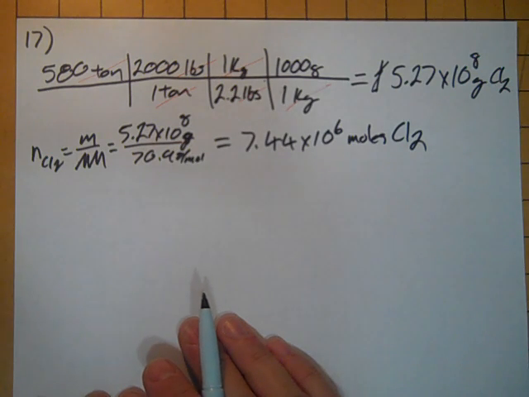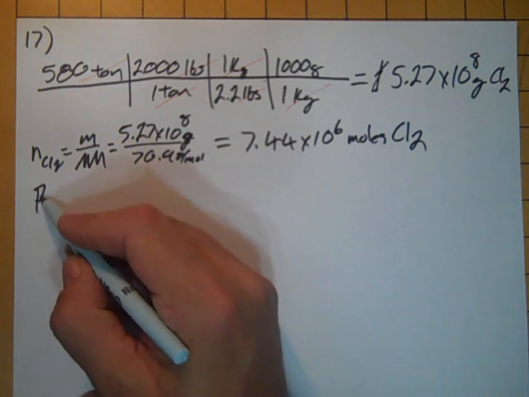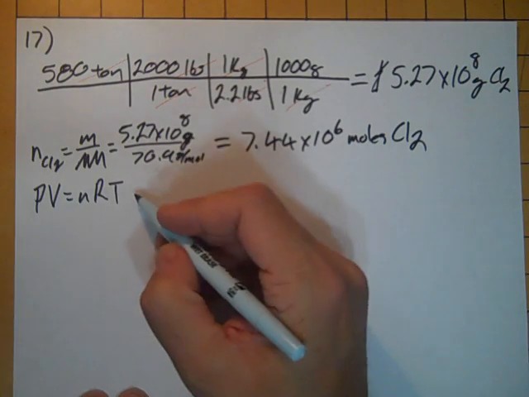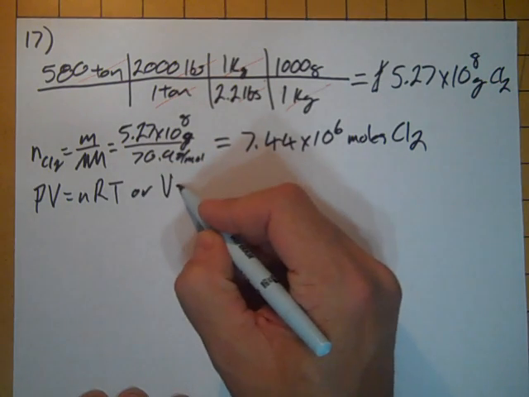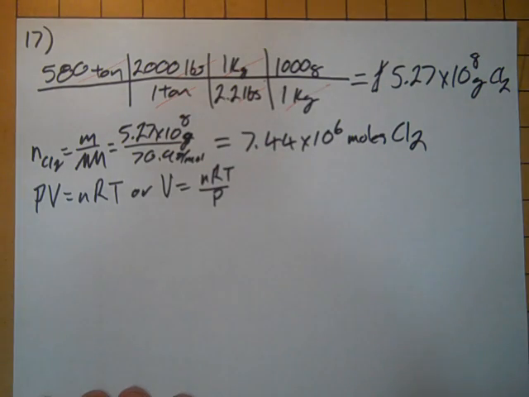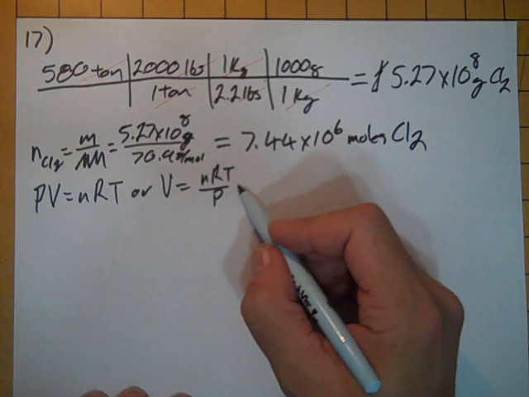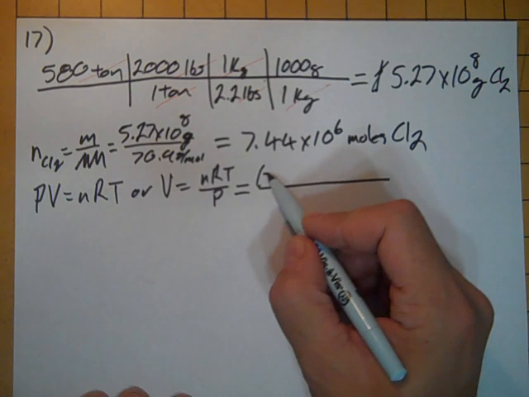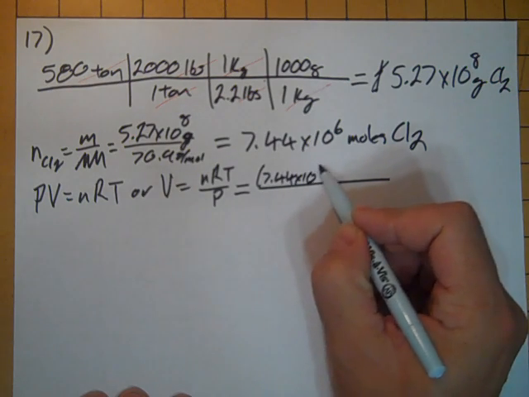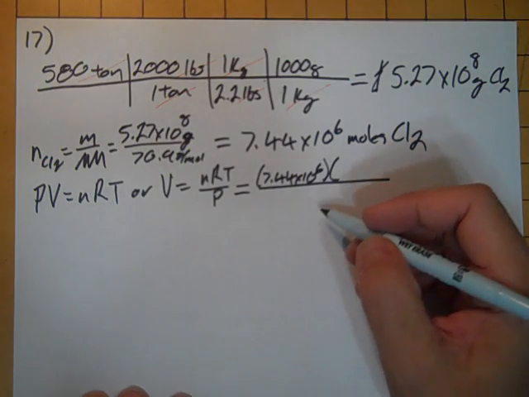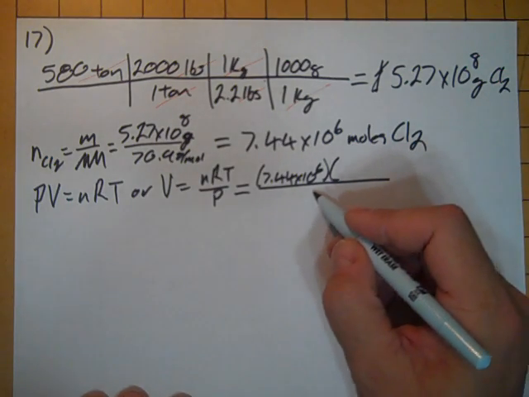Well, I need to know its volume. And I have enough information to use the ideal gas law. PV equals nRT, or V equals nRT divided by P. And it was given to us in the problem. We just figured out how many moles we had: 7.44 times 10 to the 6. It was given to us in the problem that the pressure was 750.